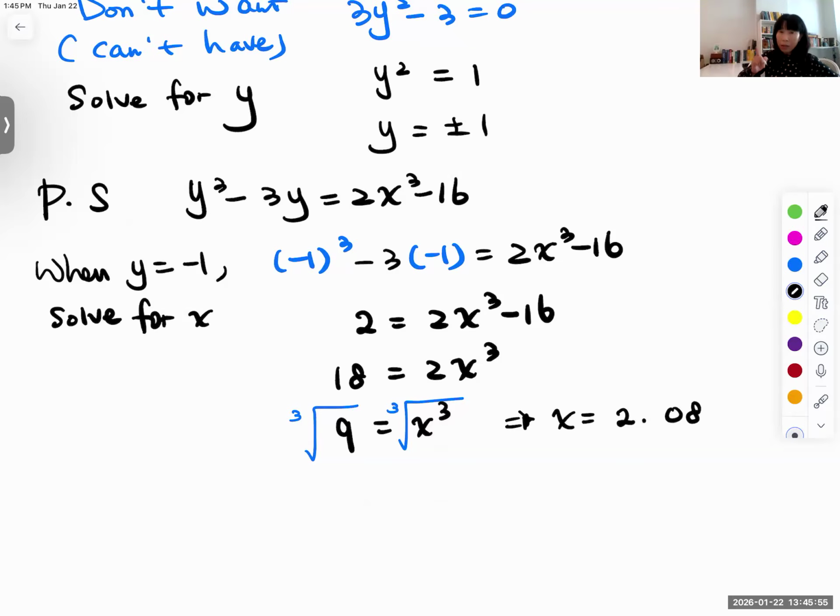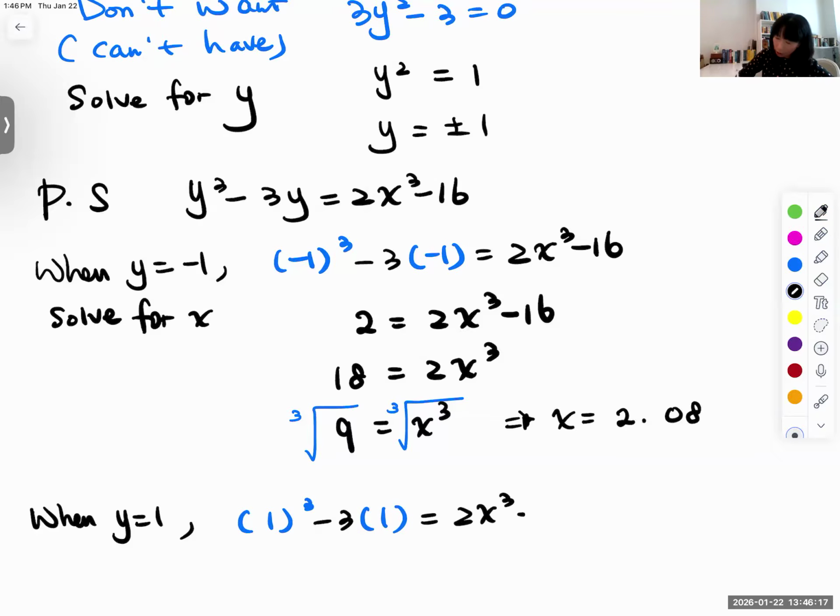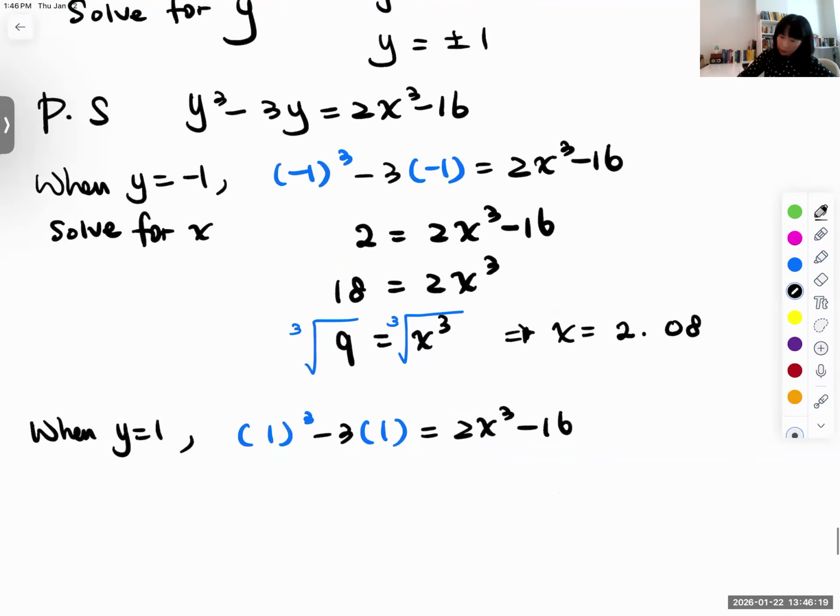Okay, that case when y equal to negative 1, then how about when y equal to positive 1? So we have 1 to the third power negative 3 and positive 1 equal to 2x to the third power negative 16.